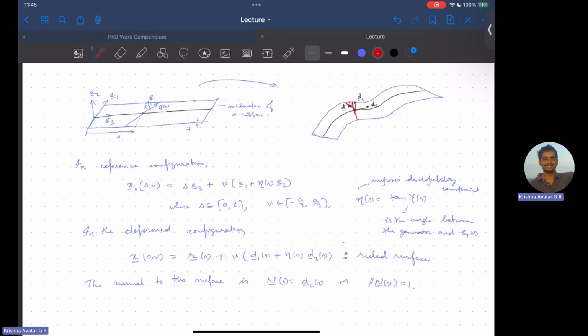Not all ruled surfaces are developable, but all developable surfaces are ruled surfaces, not vice versa. As an example, even a hyperboloid can be modeled as a ruled surface, but it has non-zero Gaussian curvature.